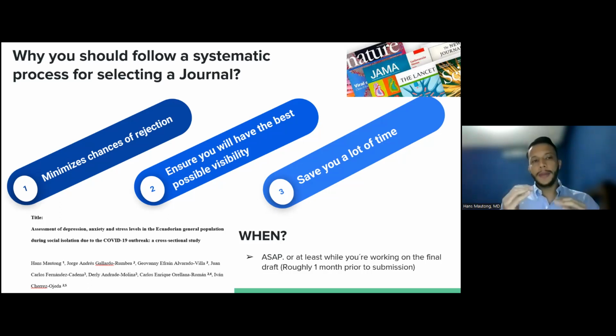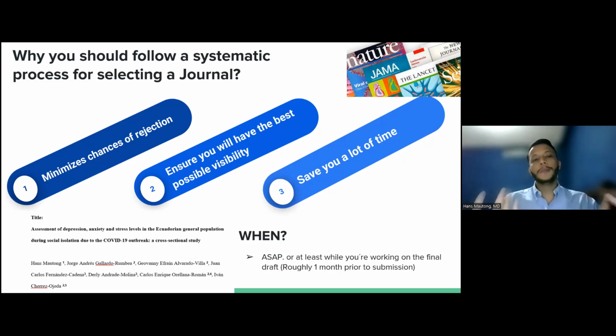With this you will find the best possible journal you can aim for, and of course that translates to more visibility, which often translates to more citations.